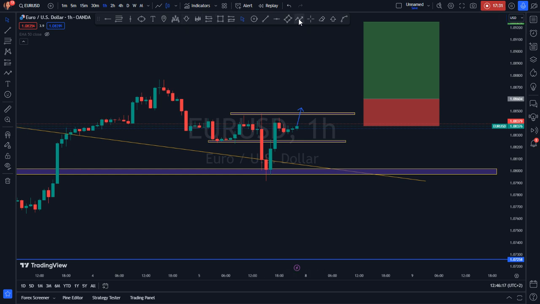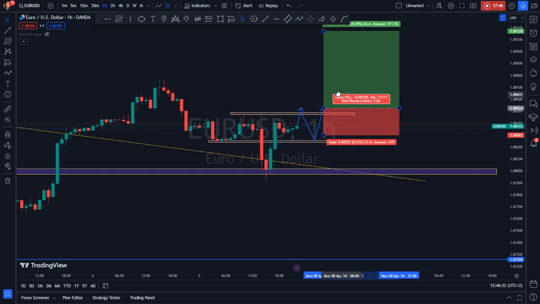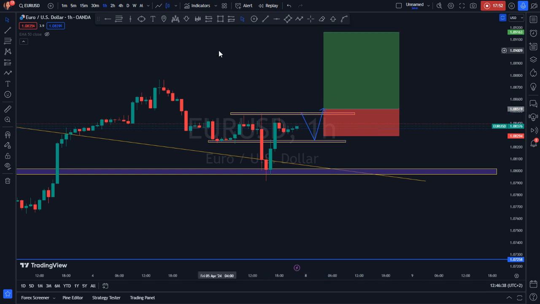But at the back of my mind, I'm not saying that if it breaks here, it's going to sell. No, I'm looking for my setups. So this can be shoulder, head, shoulder, and the moment it breaks at this point right here, I'm still waiting to take my buy. My main direction for this trade is going to be a buy.